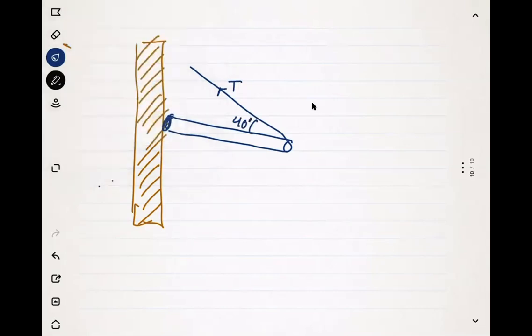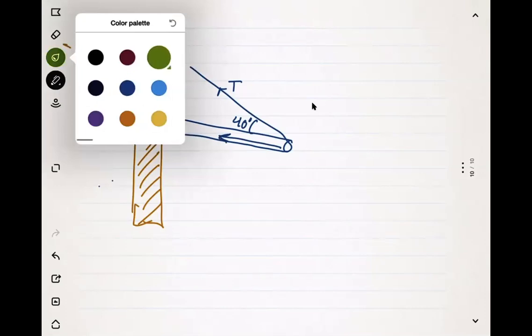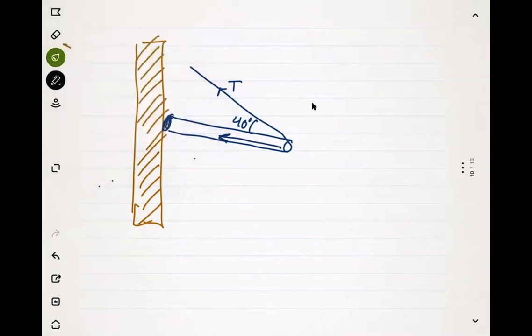So this component is T cos 40, and the component that is perpendicular will become T sine 40.